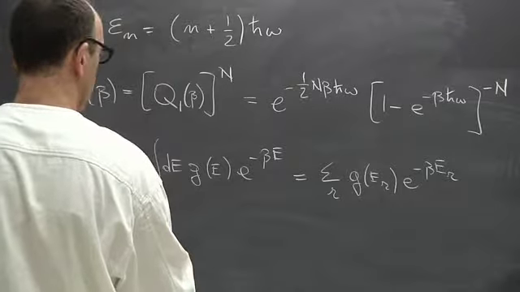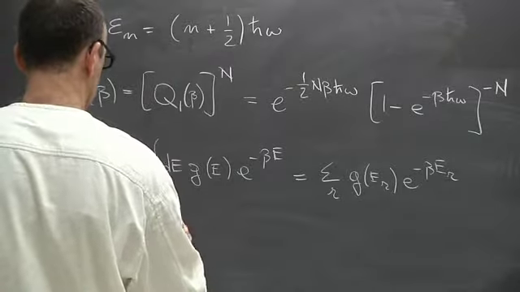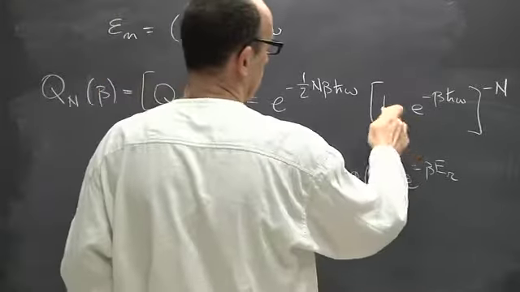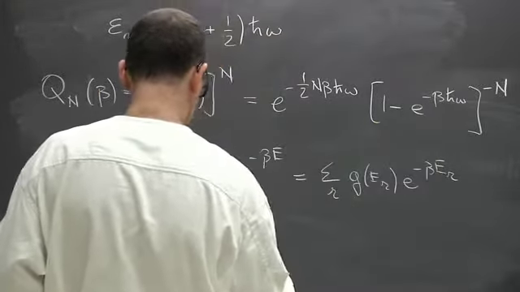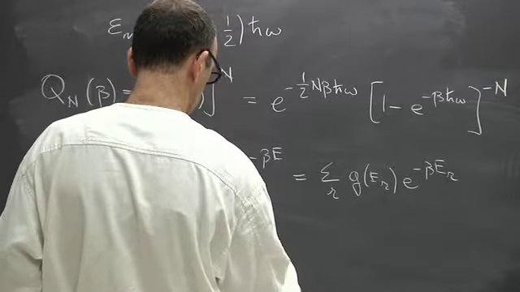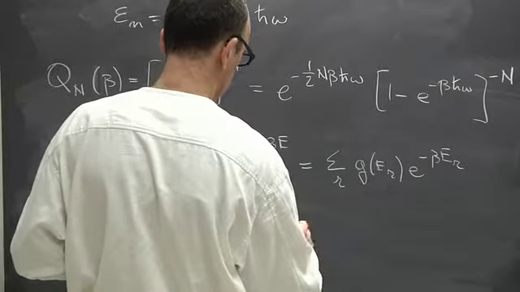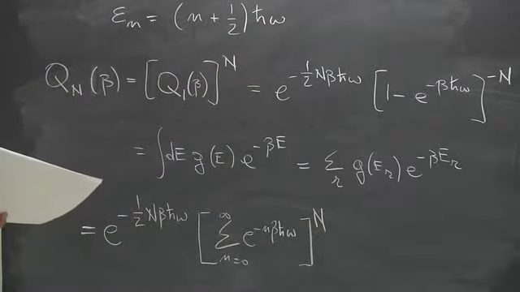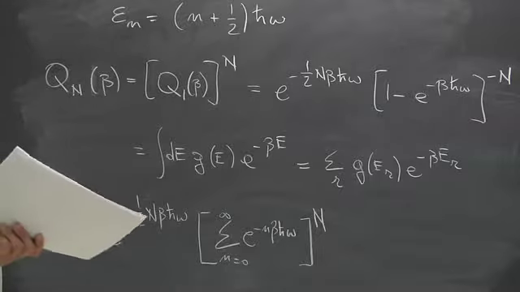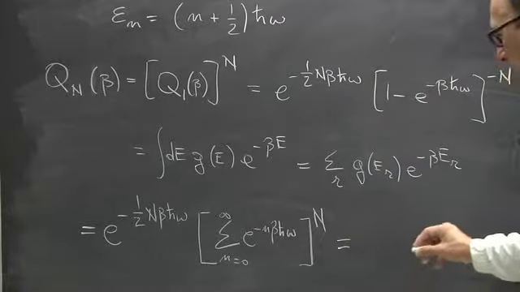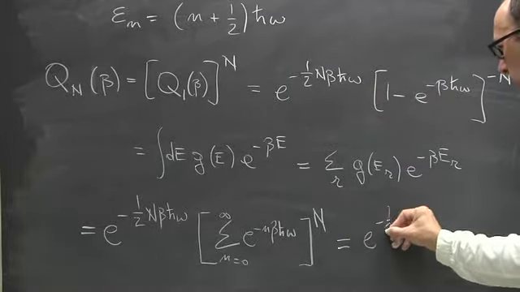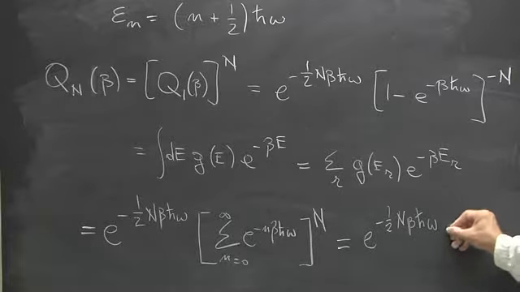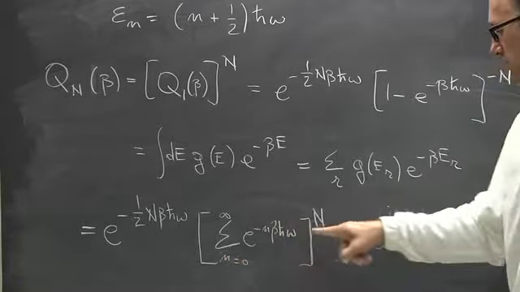I can write this as 1 over 2 to the N, beta h bar omega, and then this is just 1 over e to the minus e to the beta omega, which is just the sum from n equal to 0 to infinity of e to the minus n beta h bar omega, to the power N. And now I can use the multinomial expansion of this, and this will be e to the minus 1/2 N beta h bar omega times, so I have a sum to the power N.